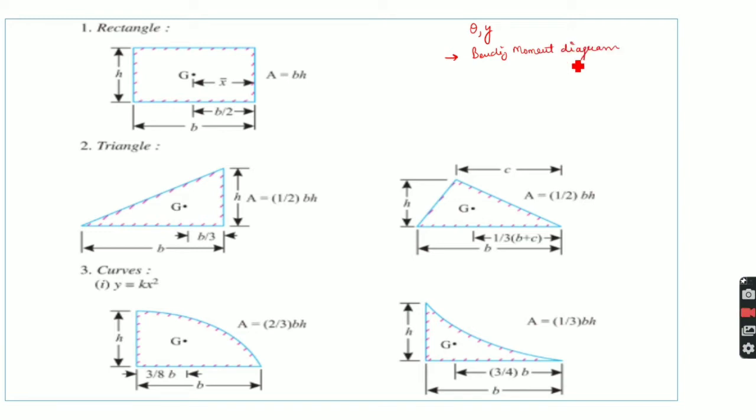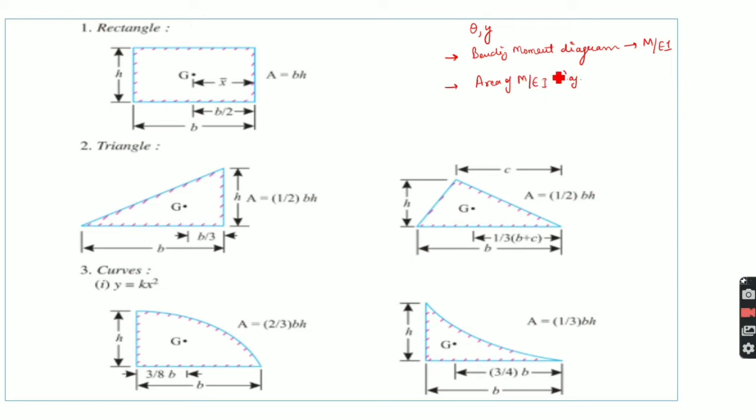Of course, we cannot solve this moment area method without the bending moment diagram, because from this bending moment diagram we will draw the M by EI diagram, right? Next, we must know the area of the M by EI diagram.